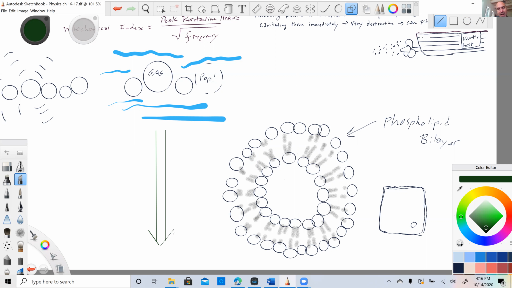What you could do is have a very high mechanical index, well above 1 for the mechanical index. And as this microbubble goes through, it pops, because that's what happens with high mechanical indices.